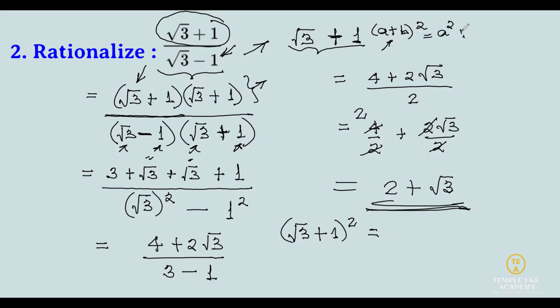Now multiply everything you see, 2 times a times b, 2ab, in the middle. And the last one is always positive, no matter the separating sign. Take the last one and square it, after squaring the first one. So this is the pattern here.